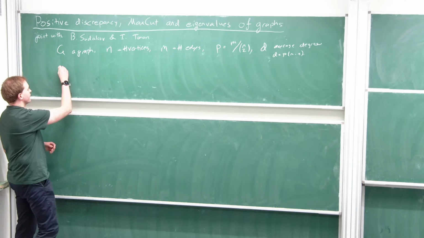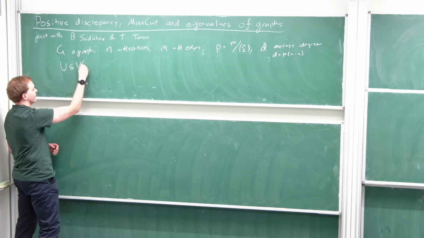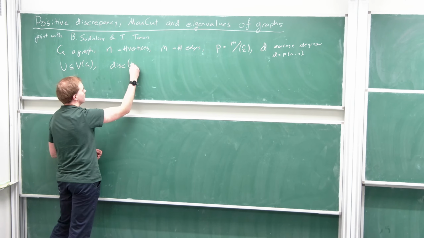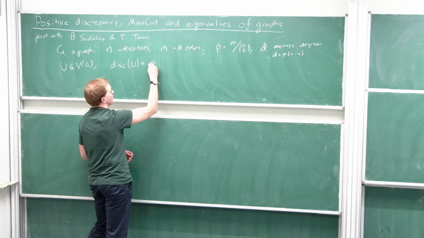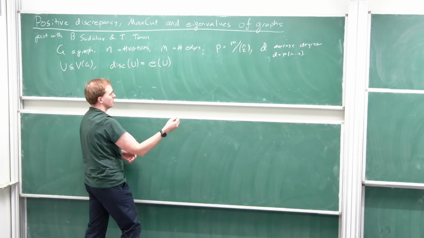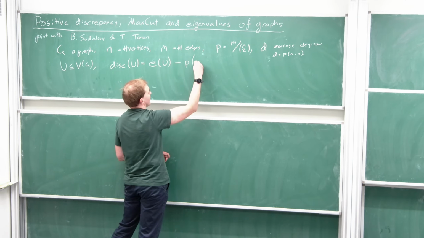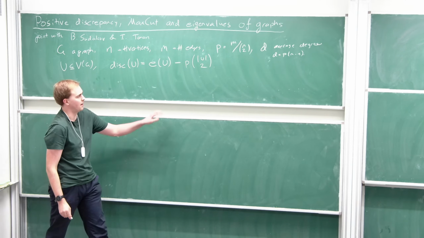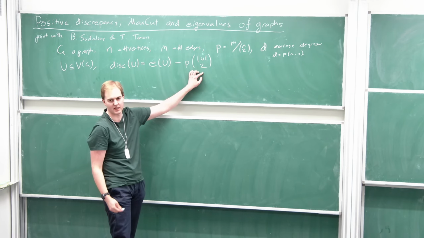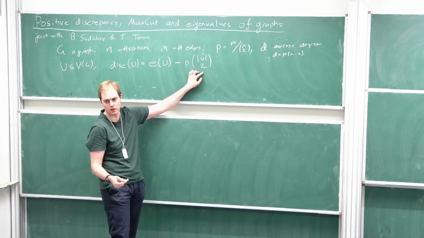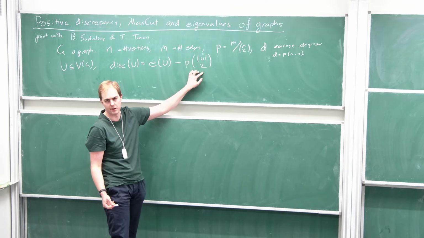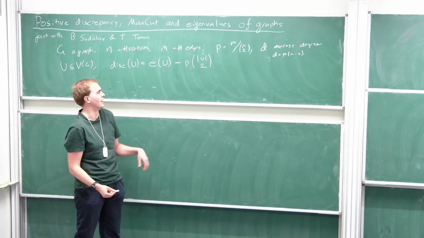Now given a subset U of the vertex set, define the discrepancy of U to be the number of edges in U minus p times the size of U choose 2, where the second term is just the expected number of edges you would see inside a set of size U if this graph were random with density p.